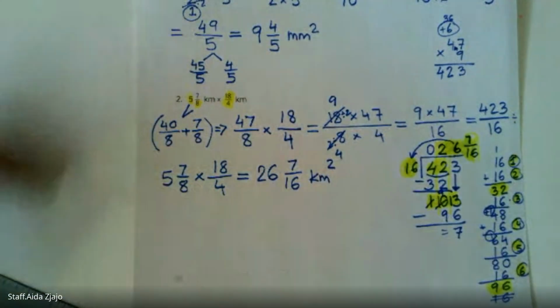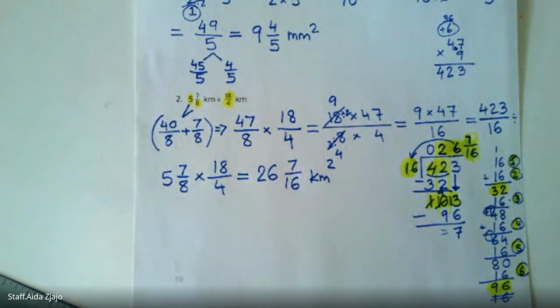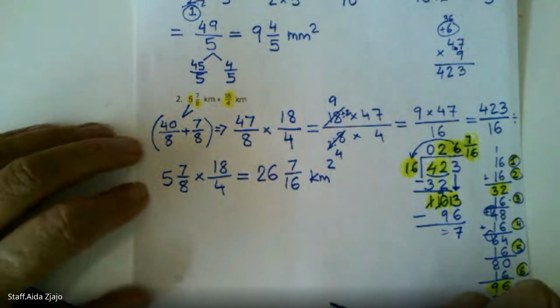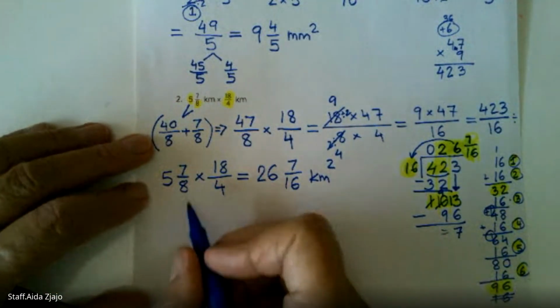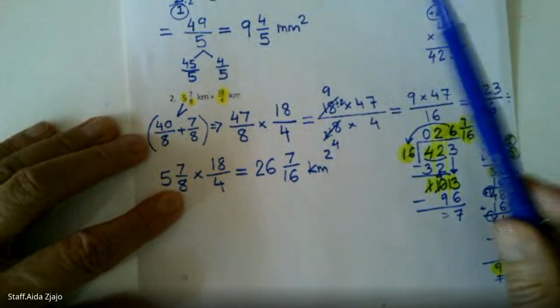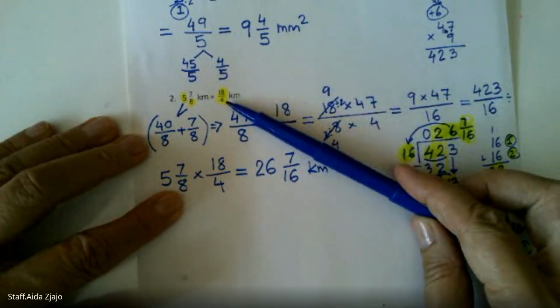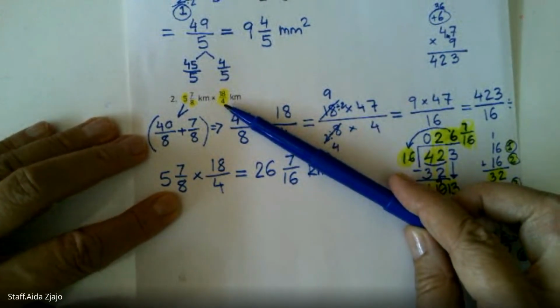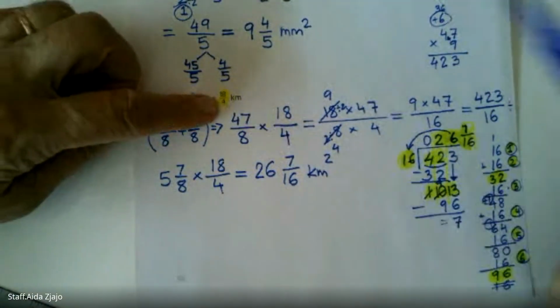Okay, so you can also do the drawing. You should make like 5 wholes and 7/8, and then you can change 18 fourths into, you think 4 times 4 is 16.